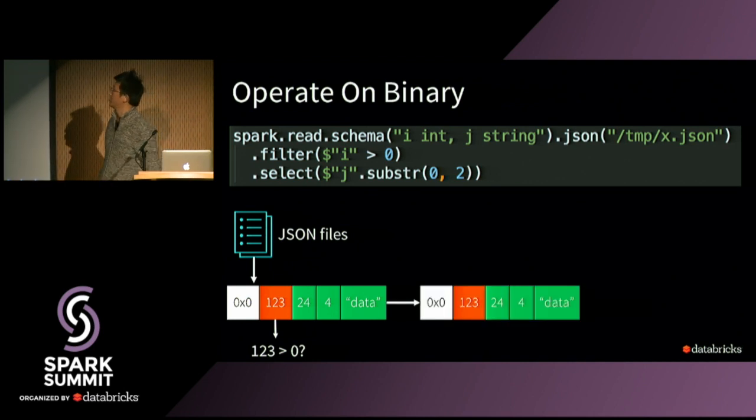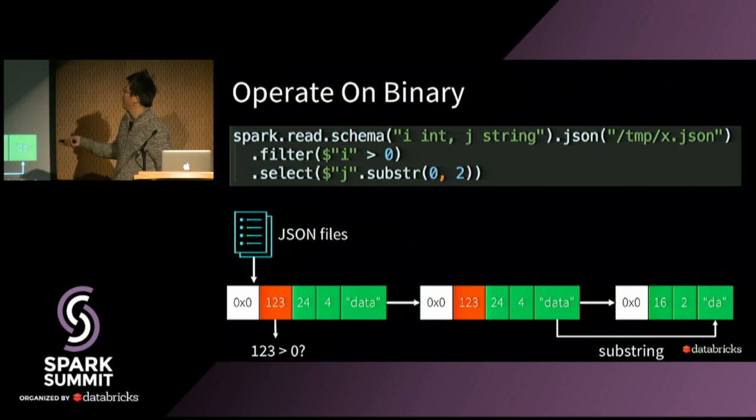Okay, next is the project operator. How can we operate on this string type column? Again, we read the offset and length from the address section, and then we point to the actual data section and read the data. Then we do a substring to get the first 2 characters of this string, and then we write this data to a new record, which is also in binary format.